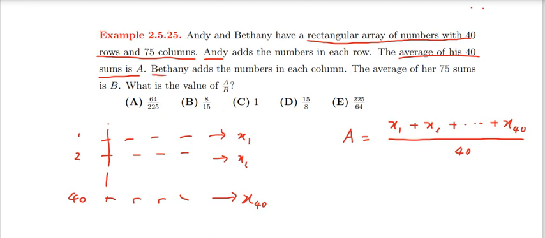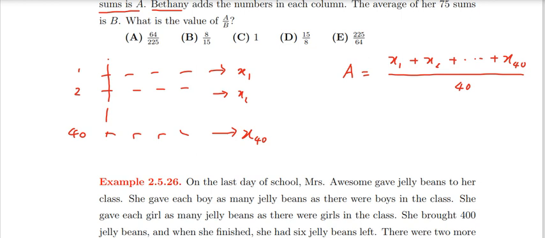And basically they also add the numbers in each column. So here, first column added up is y1, second is y2, and the last one, suppose we add them up, this is y75.